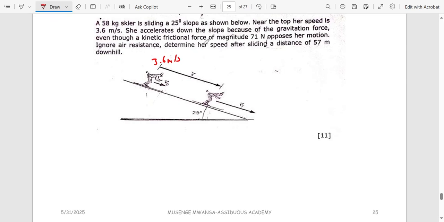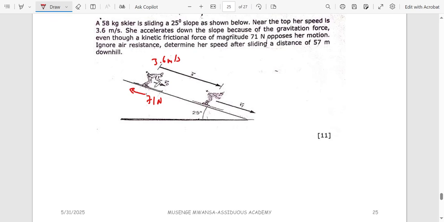She accelerates down the slope because of the gravitational force, even though a kinetic friction force of magnitude 71 Newtons opposes her motion. Ignore air resistance. Determine her speed after sliding a distance of 57 meters.